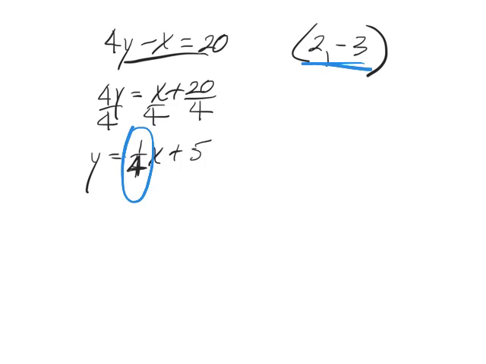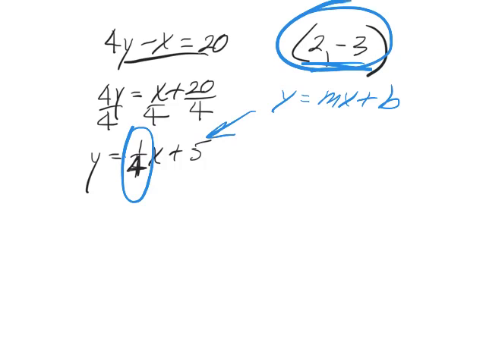I've also been given this point right there. So what I'm doing is trying to take this equation and make an equation that is parallel to this one and goes through this point.